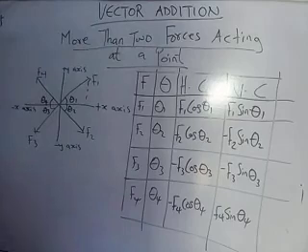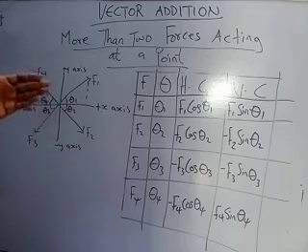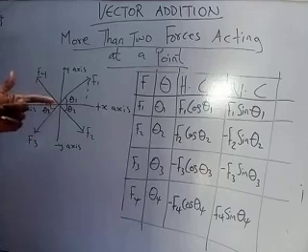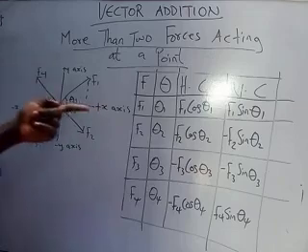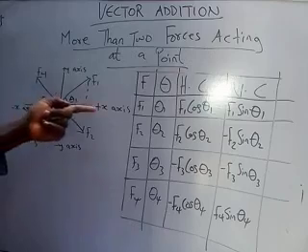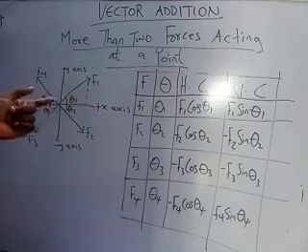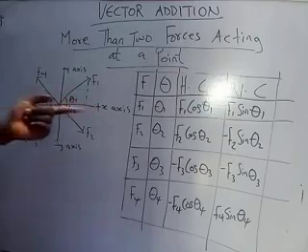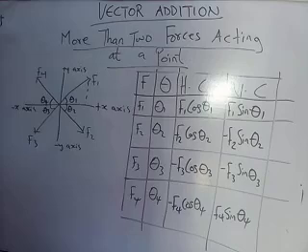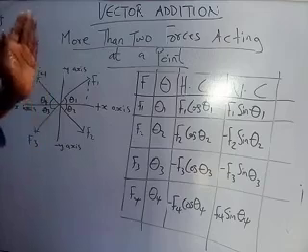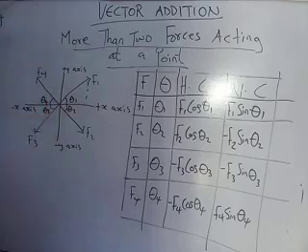Now, if a vector is directly aligned with the x-axis, the angle of inclination theta at that point is 0. In contrast, if a vector is directly aligned with the y-axis, the angle of inclination theta at that point is 90 degrees.